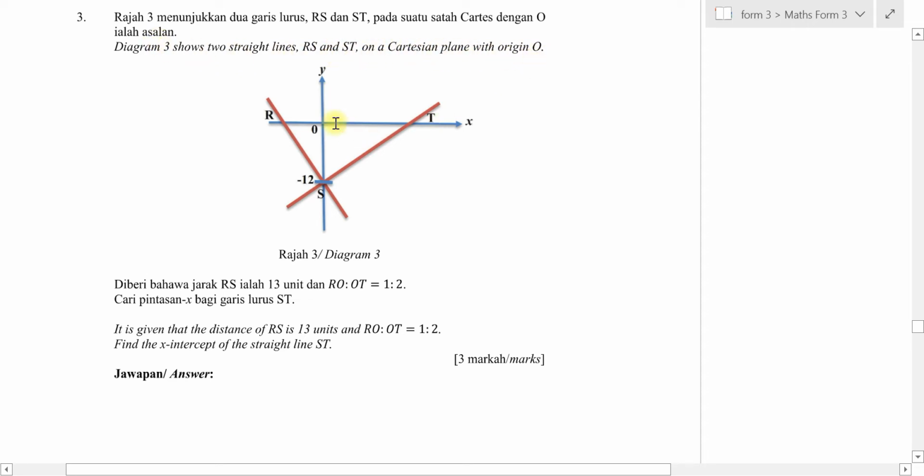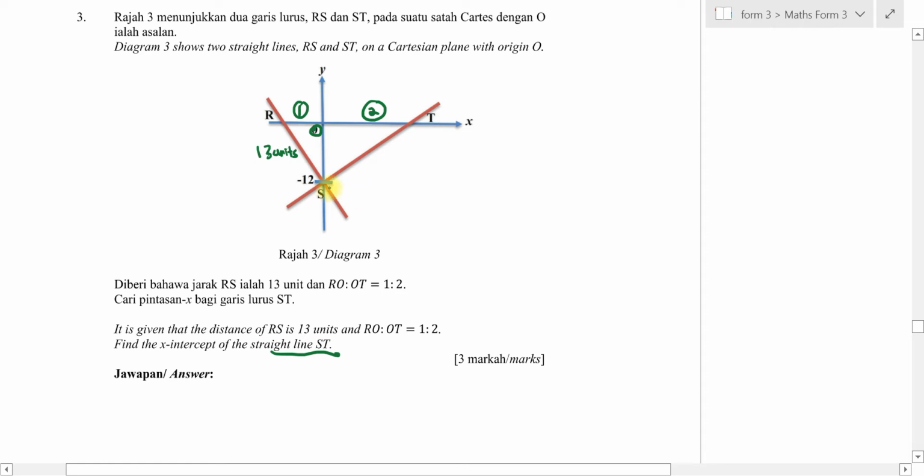On a Cartesian plane with origin O, it is given that the distance of RS is 13 units. RO to OT is 1 to 2. I think this is the O. Find the x-intercept of line ST.